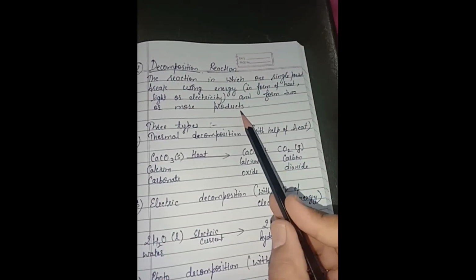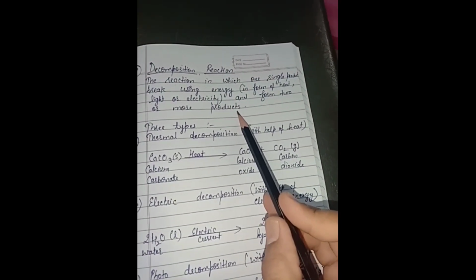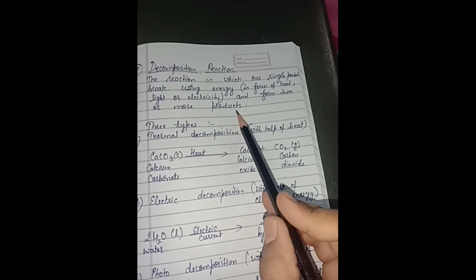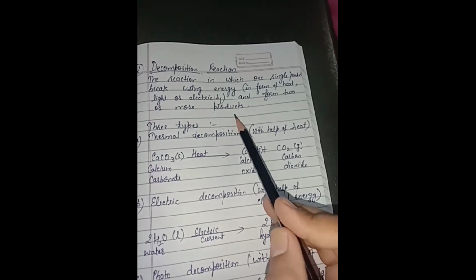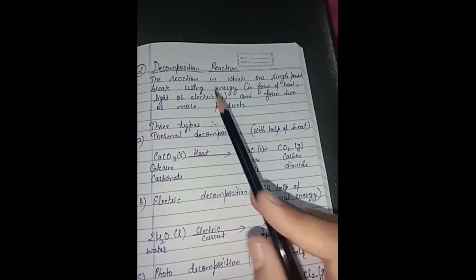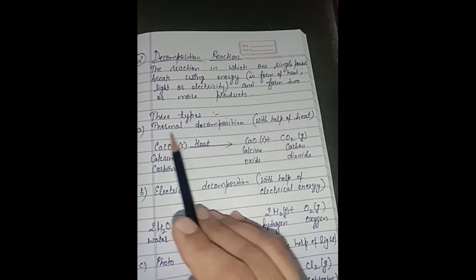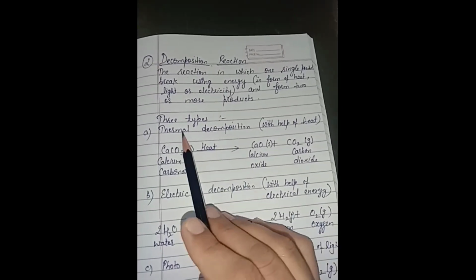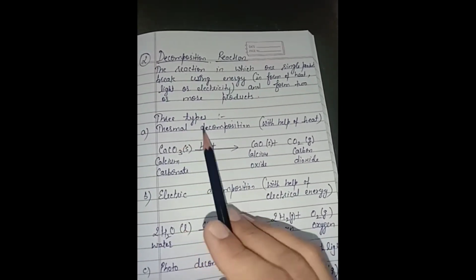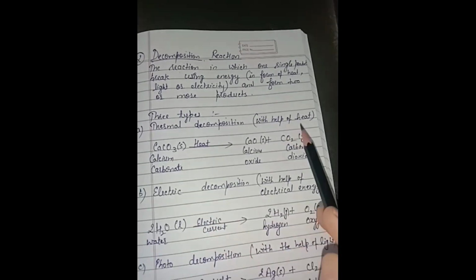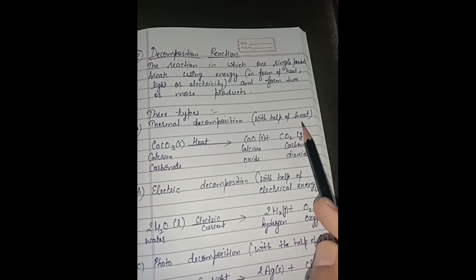Decomposition reactions are of three types, according to which type of energy is being used to break the reactant. First is thermal decomposition. As the name says, this type of decomposition occurs with the help of heat.